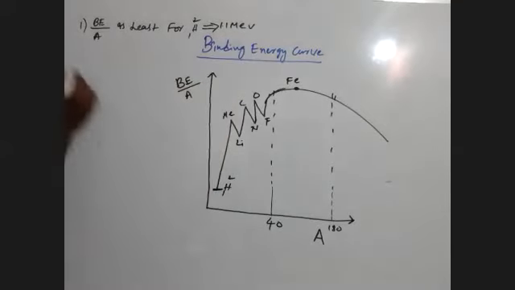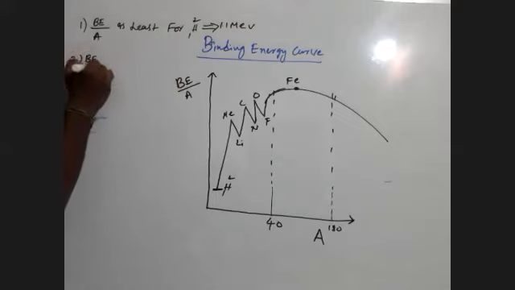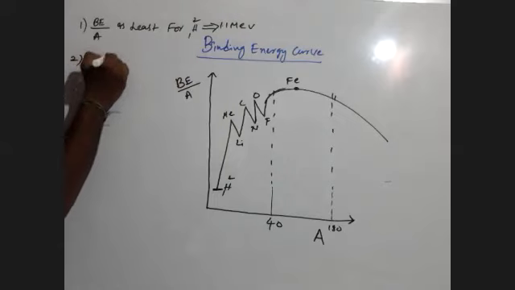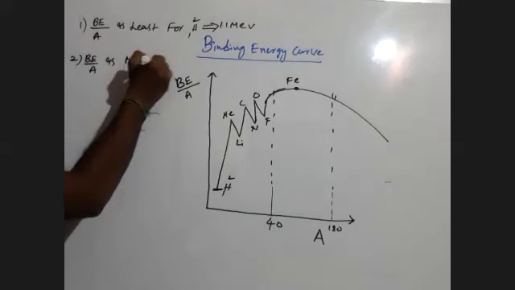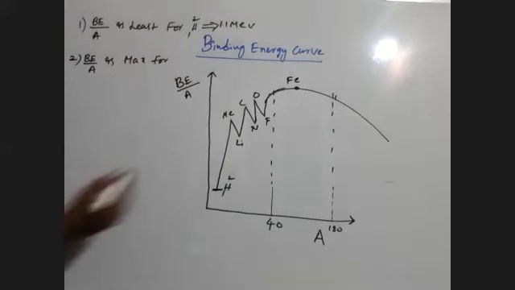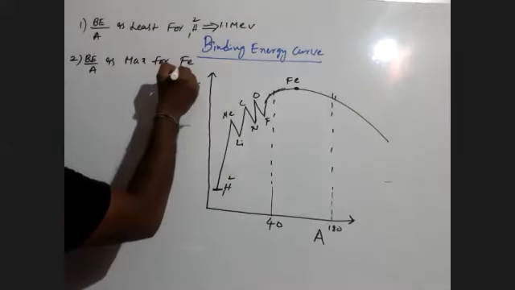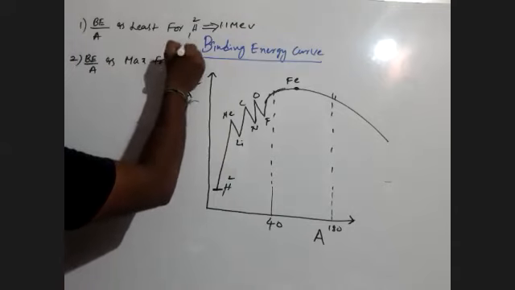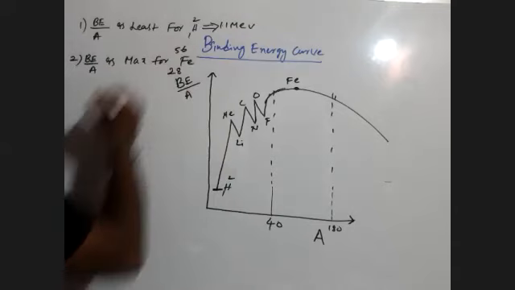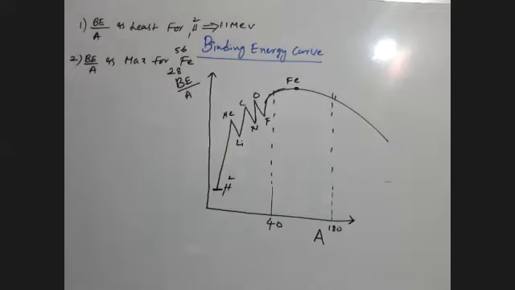Second, the B by A value is maximum for iron, 28 56. Atomic number is 28, mass number is 56.